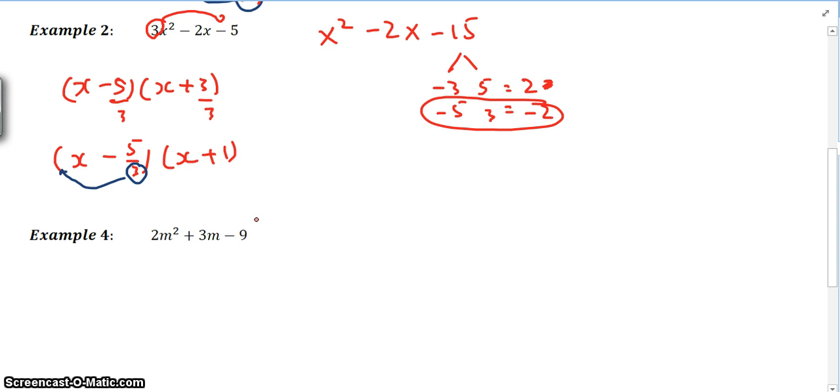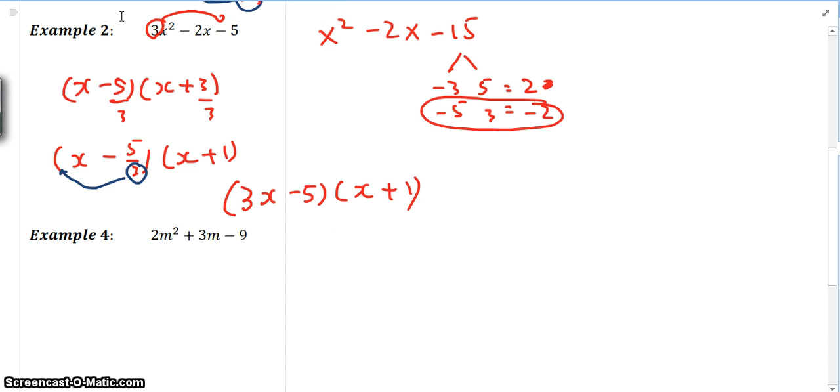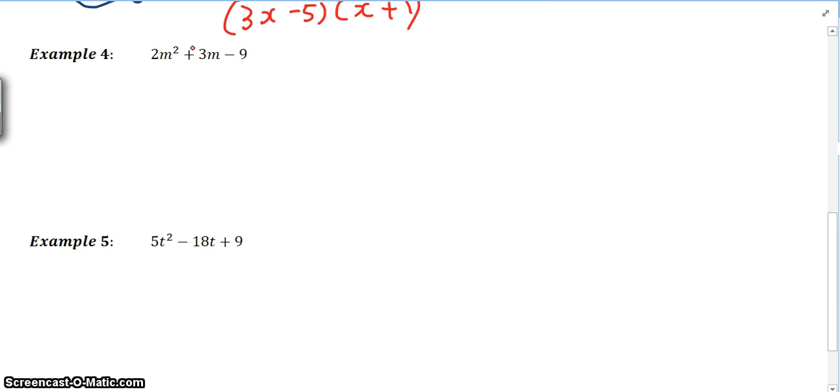And so what we end up getting is 3x minus 5 and x plus 1. You can see that this obviously cuts a lot more time than the grouping. But again, it's your choice, whichever one you feel comfortable with. This is just an alternative method to factorize.